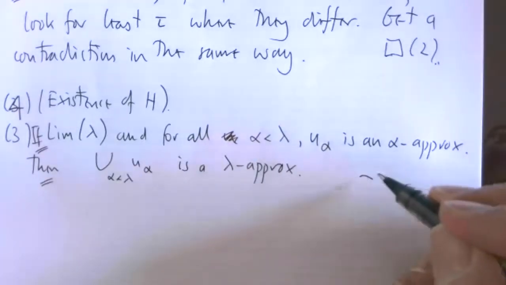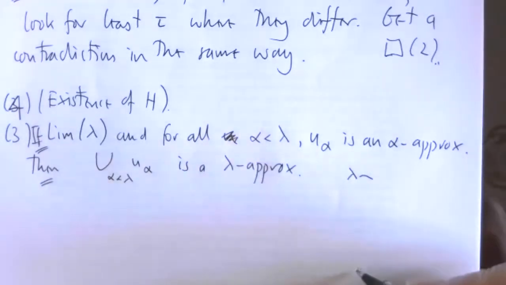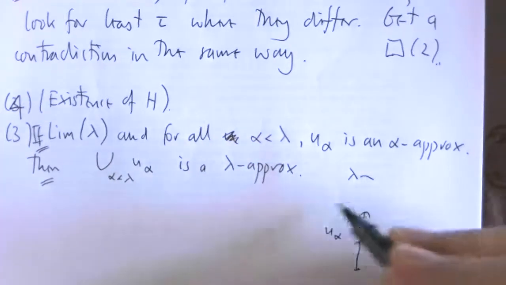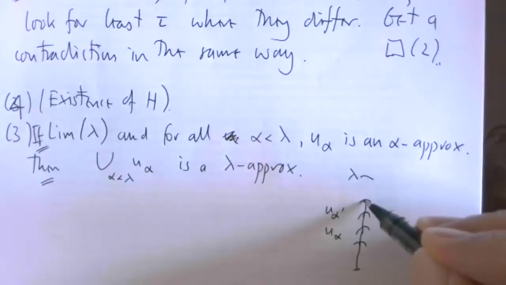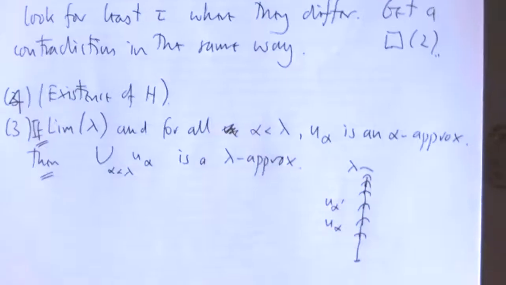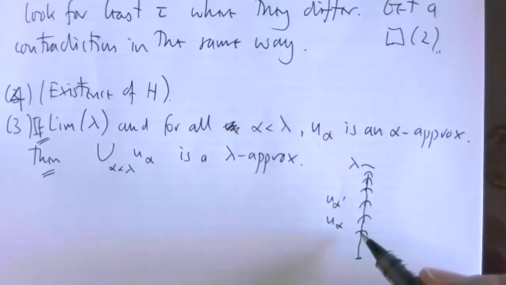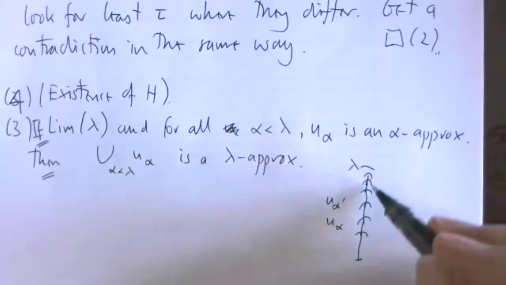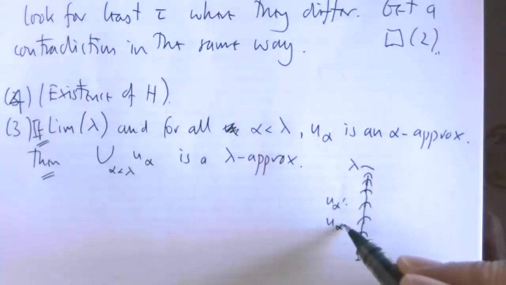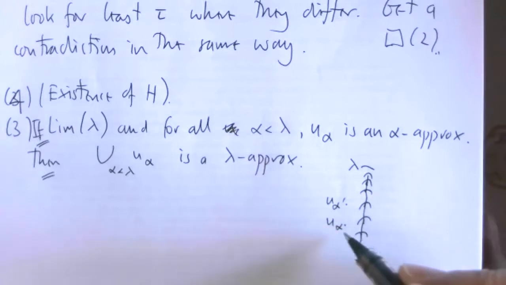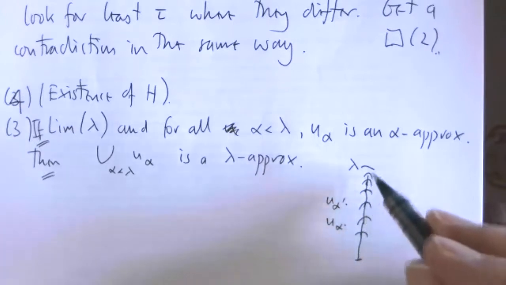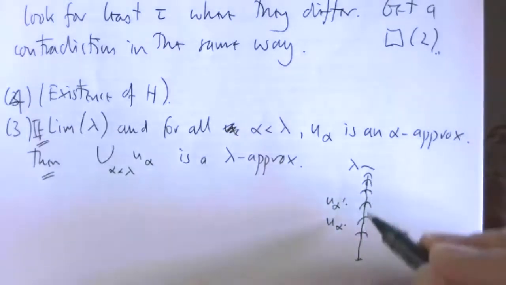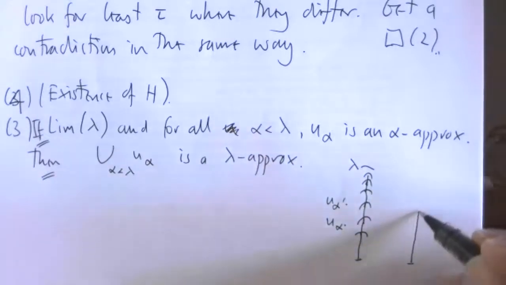So the picture here is, here's lambda. And here I've got all of these approximations. By appealing to clause 1, which I just proved, these all extend each other. I cut down one to the domain of another and they agree. So these are little small functions that all extend each other, domain extending. So what we do is take the union of these functions and we piece them all together and we get U lambda.